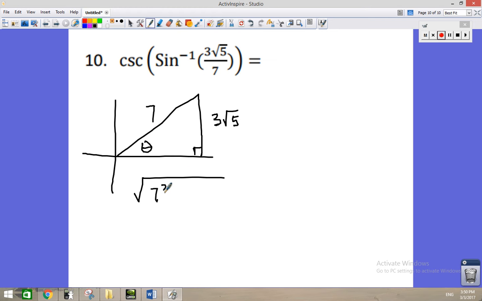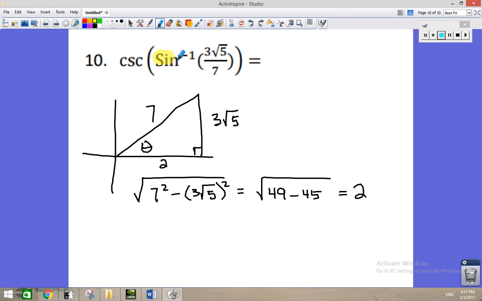By the Pythagorean theorem, let's find the length of this missing side. So what do we have here? 49 minus, I forgot to square that. 9 times 5, 45, right? Because the radical goes away, and that's 5 times 3 squared, which is 9, 45, and 49 minus 45 is 4, and the square root of 4 is 2. All right, so we are letting this inverse sine be theta.